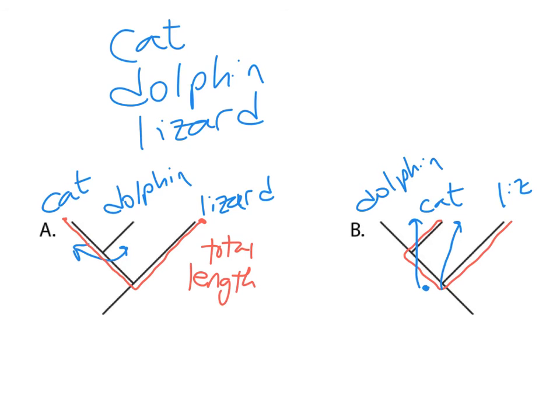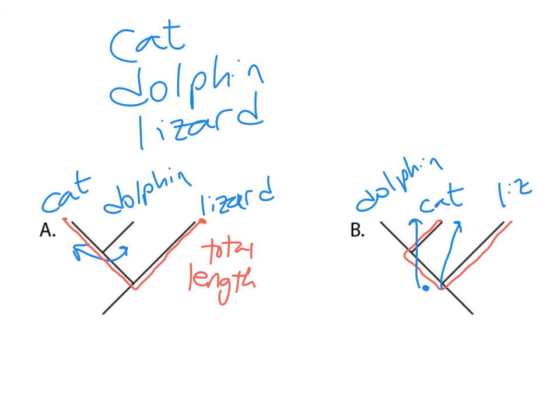This is another way of saying it. If you share a common ancestor and you both exist today, that means that the cat and the lizard are one evolutionary distance diverged. What about dolphins? Are dolphins more closely or more distantly related to lizards than cats are?